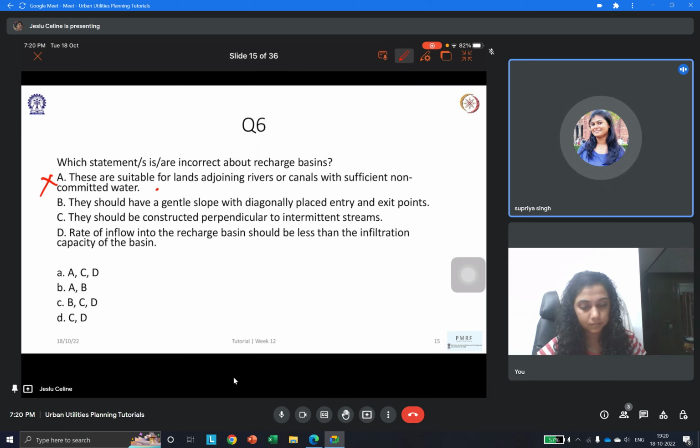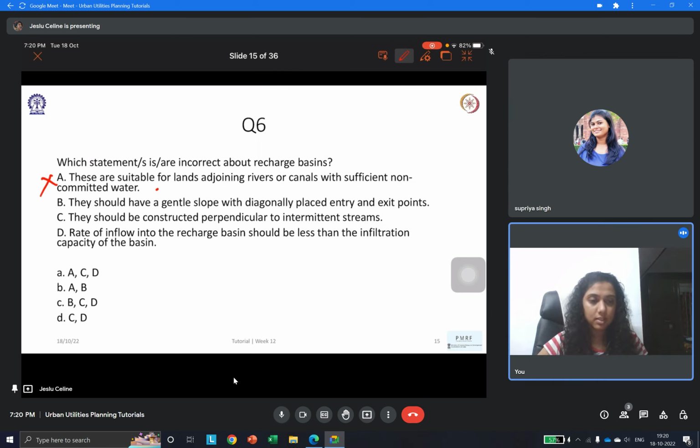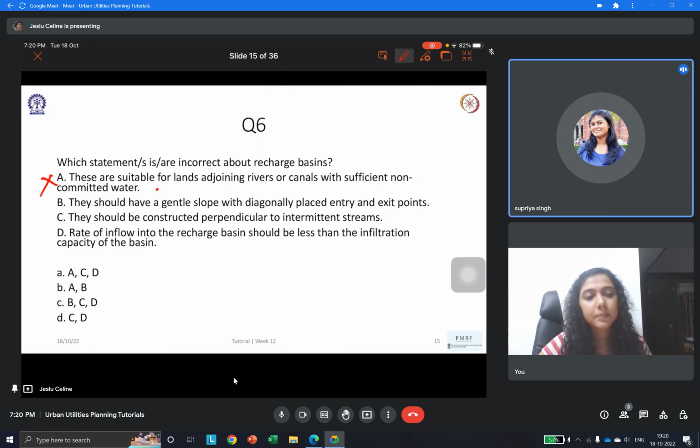Is there any problem if we construct a recharge basin near rivers or canals? Actually, near canals and rivers, the water table is already up compared to areas far away from rivers.